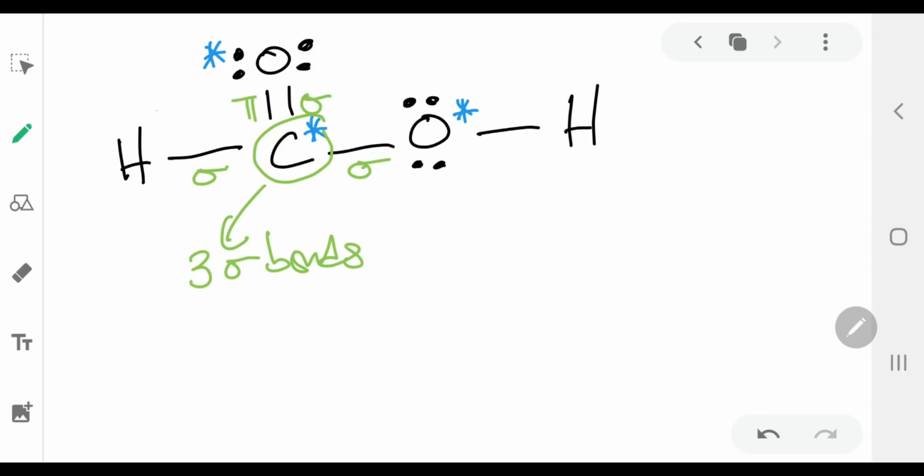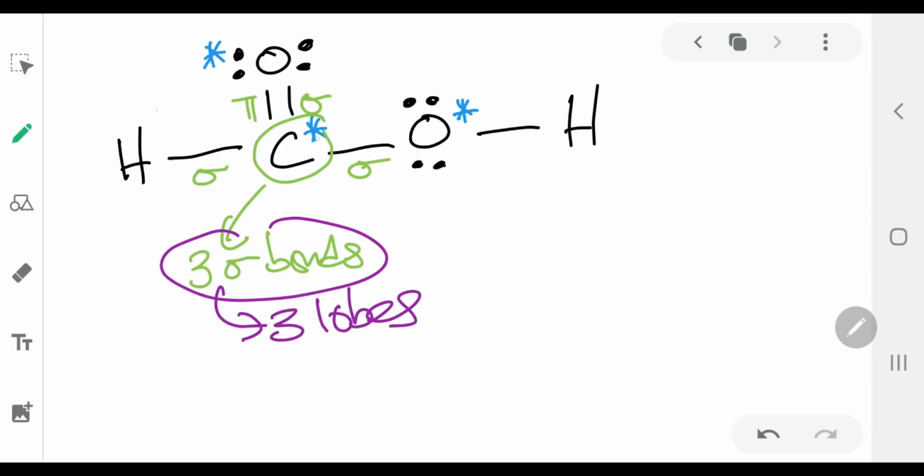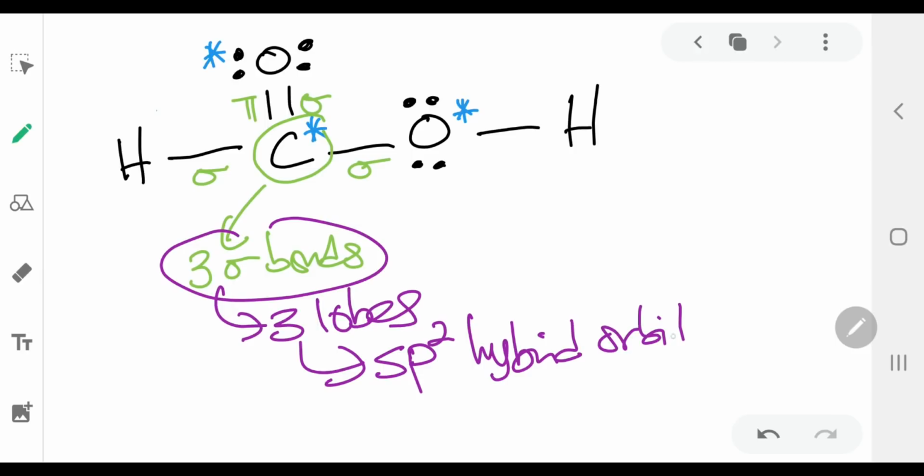Remember, a pi bond is not going to get included in the hybridization. So when you have 3 sigma bonds, means you have 3 lobes. So your carbon right there is SP2 hybridization.